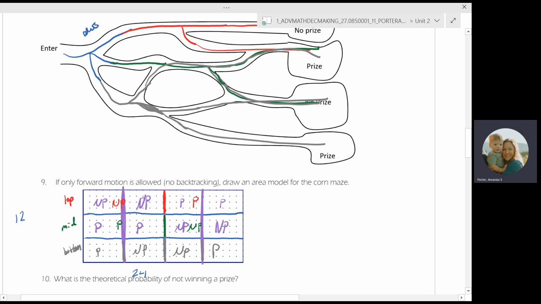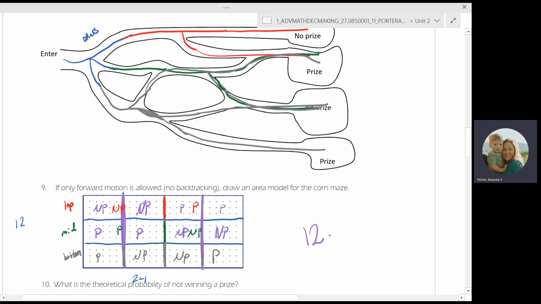So for all intents and purposes, I would tell you that this area model has 12 sections. It does not actually have 12 sections, but for all intents and purposes, it has 12 sections, if we're going to talk about them as equal sizes.